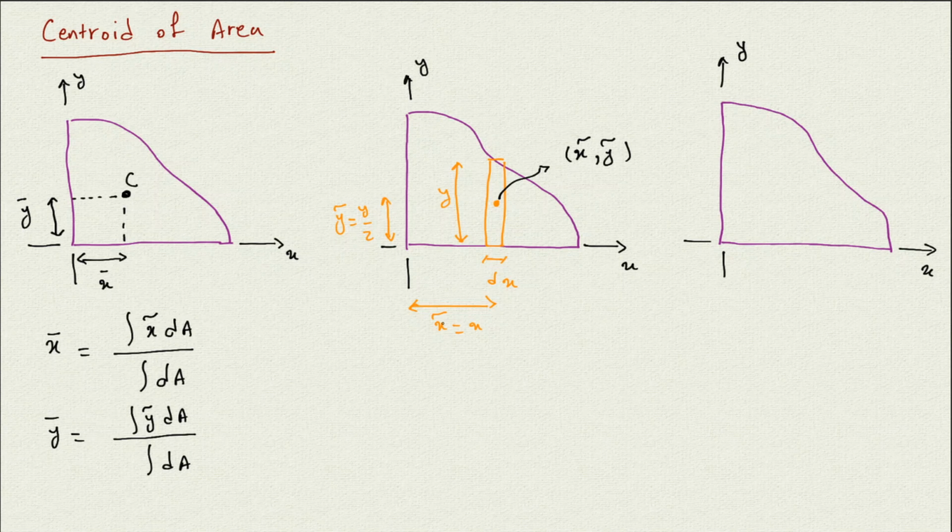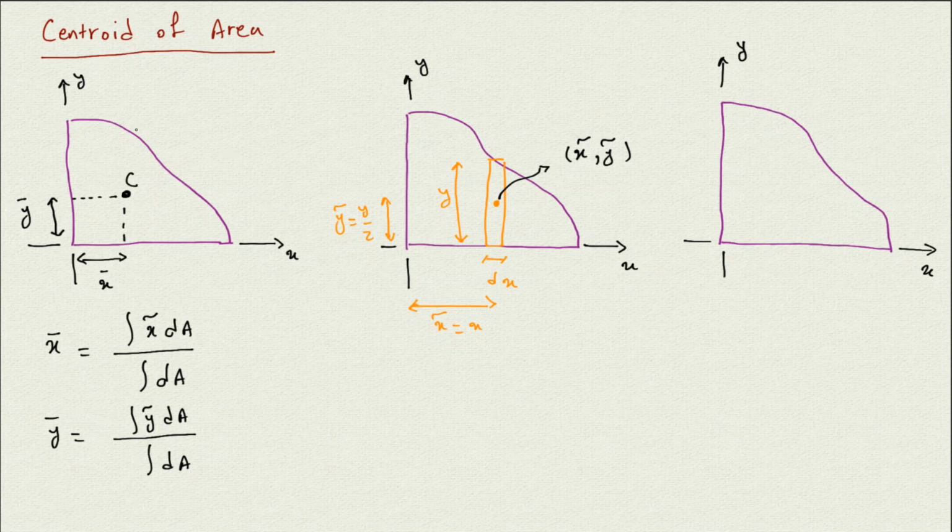So this is the location of the centroid of that element. So you define an element and define the location of centroid of that element. So the two things, define an element and define the centroid of that element.